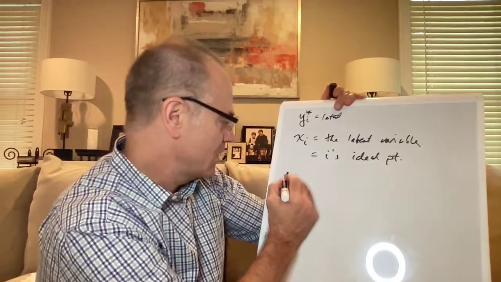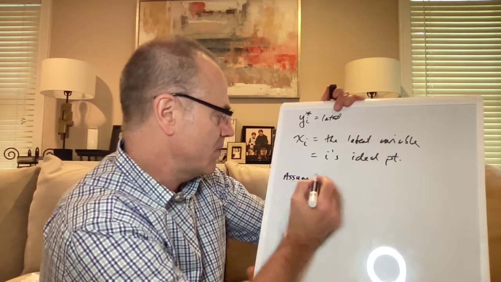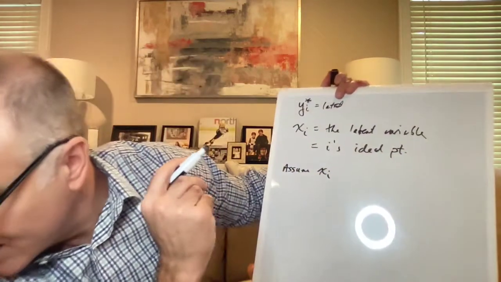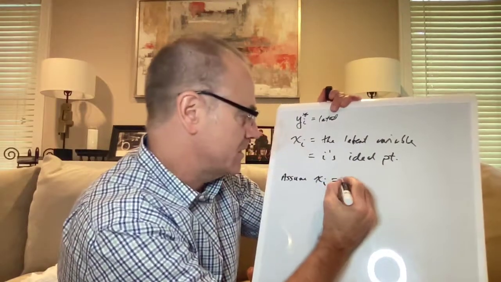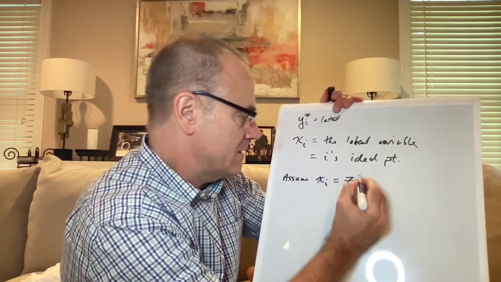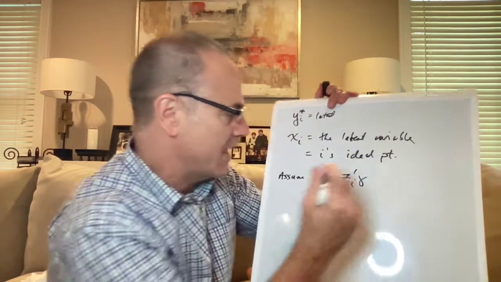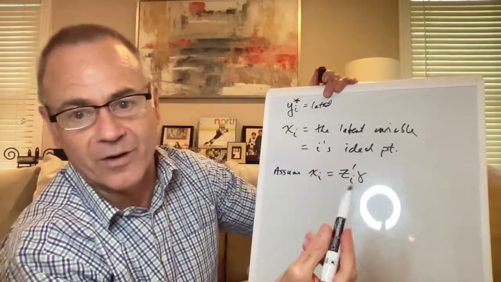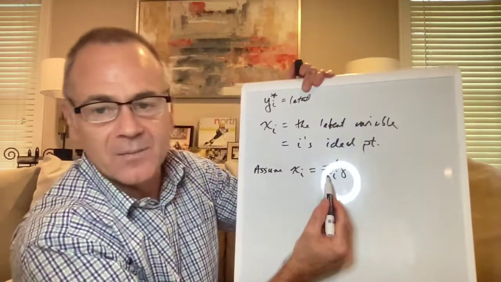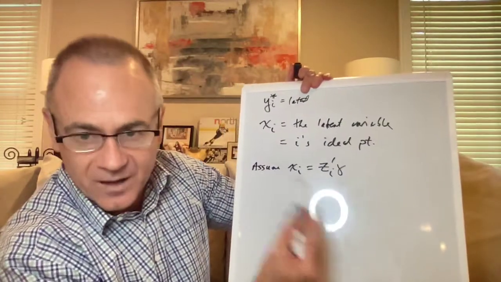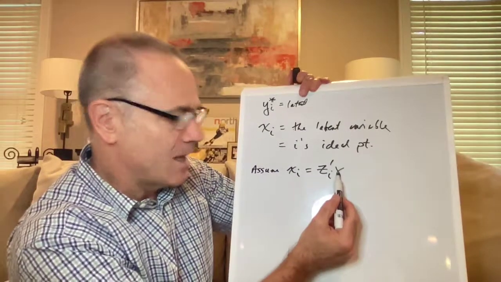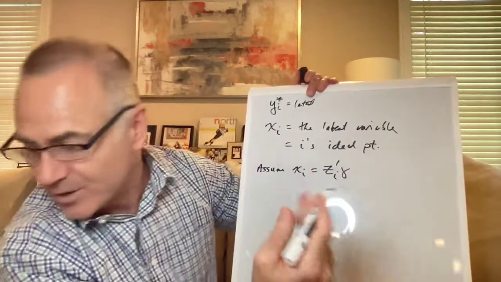We assume, Krehbiel and Rivers assume, xi equals zi prime gamma. So this is like a regression. Zi prime is a vector of independent variables. Gamma is a vector of parameters.